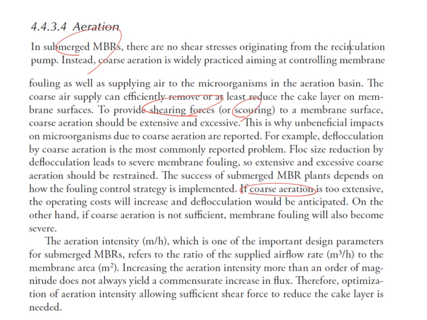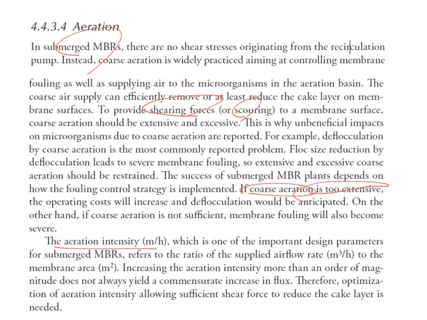On the other hand, if the coarse aeration is not sufficient, membrane fouling will also become severe. So again, we need to find the conditions for optimum coarse aeration, because too strong coarse aeration will increase operating cost, and this will also lead to disintegration of floc, because this air also has some mechanical energies that potentially affect this microbial floc.